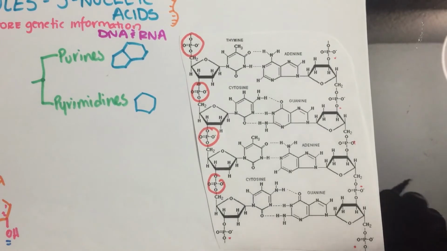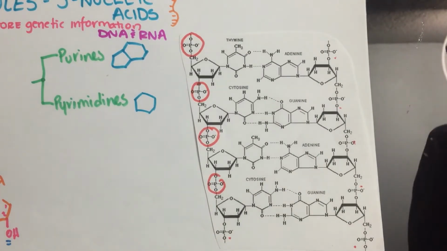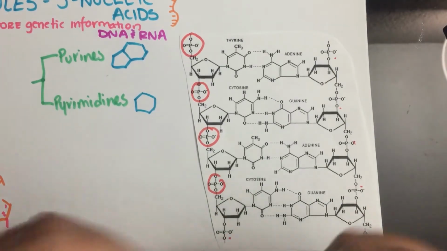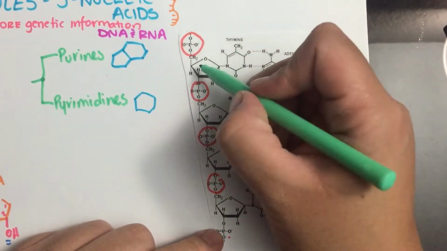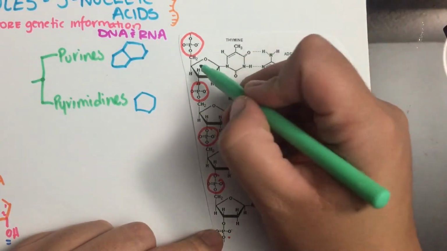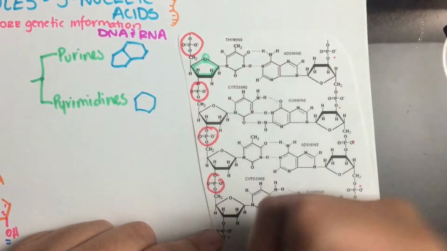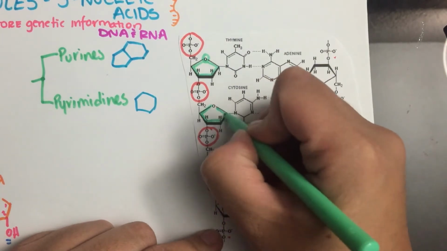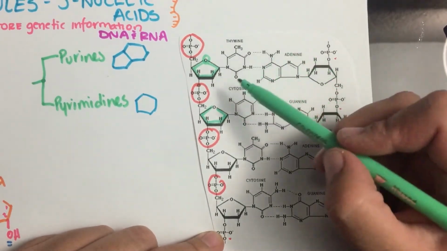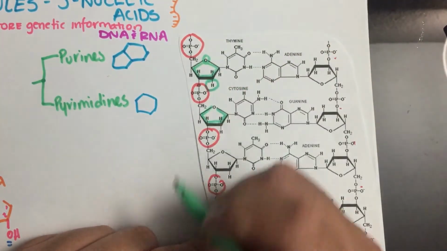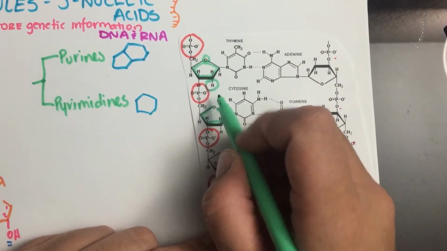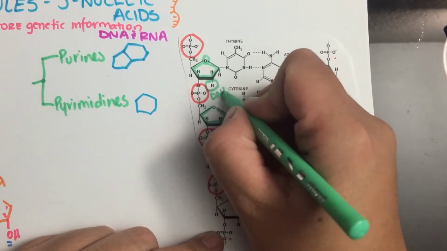Now, next is to identify your carbohydrate. So what would be the carbohydrate? The carbohydrate or the sugar will be precisely your sugar. So it would be this ring that has the oxygen in here. So this is another one. In this case, is this deoxyribose or ribose? You would look at here, has no oxy, so that is DNA, deoxyribose.